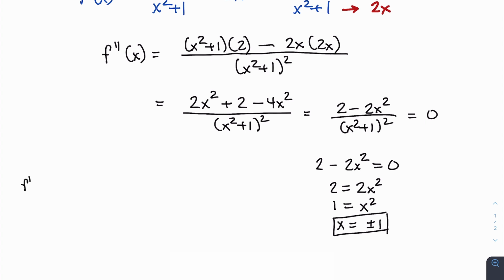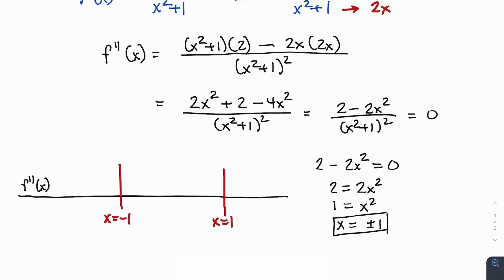So we are going to make a sign graph of f double prime, very similar to what we did with f prime in the last video to determine increasing and decreasing. Very similar concept here. So I know that I have a possible transition at -1 and another possible transition at 1. And what we're going to do is the same thing.